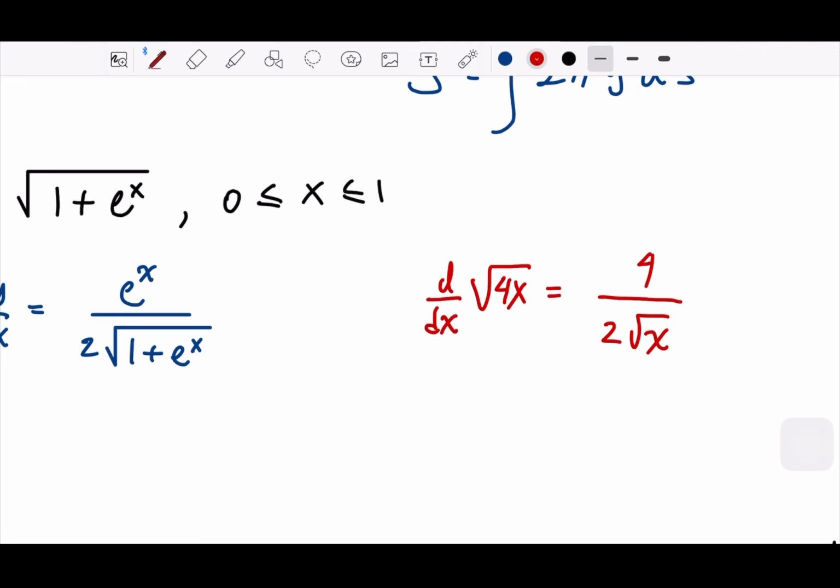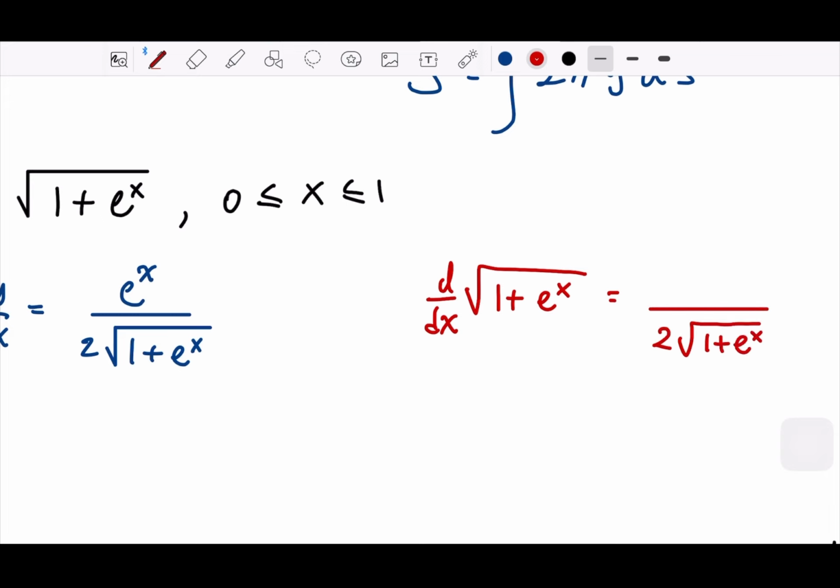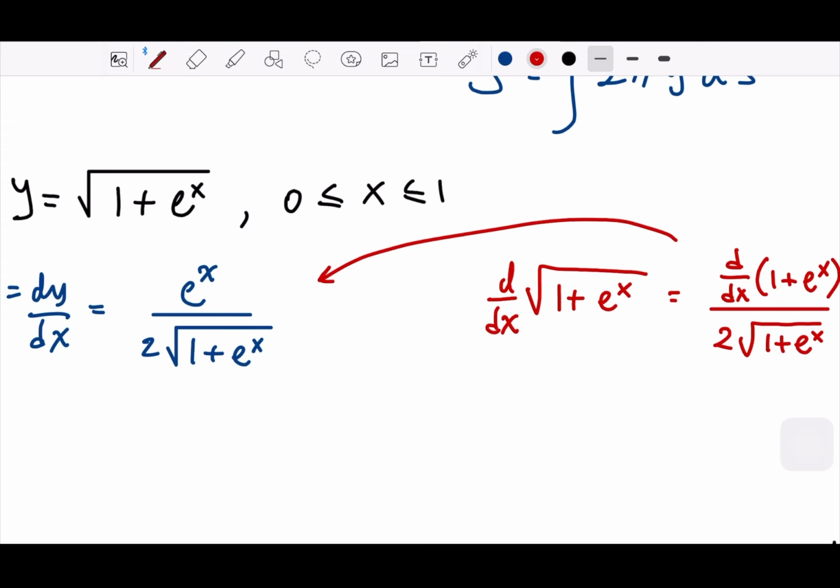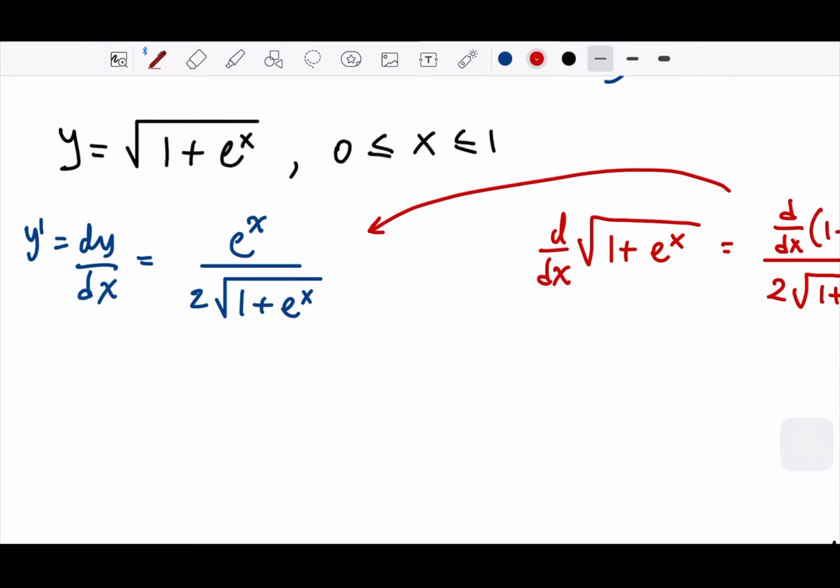Now, if I have the square root of 1 plus e to the x, this is the same thing. We are going to make this into the same formulation as before, and then this will be the chain rule. Let me write it one by one. That's why it becomes this. Or if you still need to do it from scratch, to make it more convincing, maybe you can also start from this.